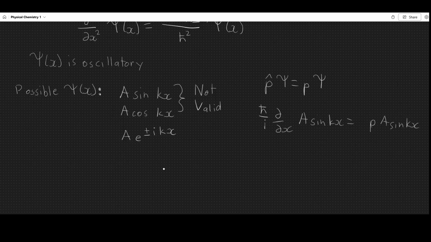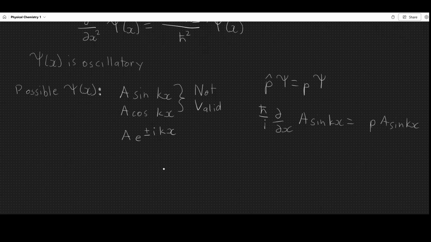And so what is our goal here, right? Our goal is to figure out what the total energy of the system is. We want to find E. So now that we've isolated what the wave function is, we know it's this one, A e to the plus or minus ikx.